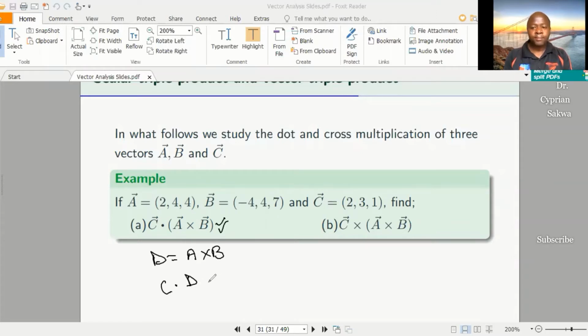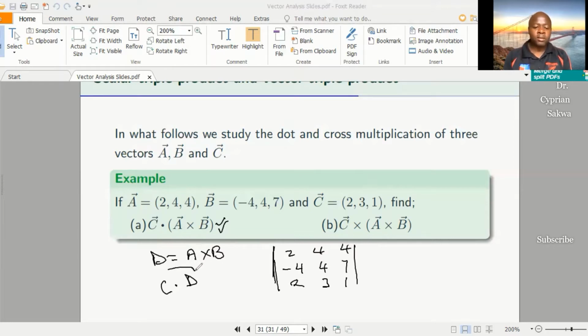That is one way. The other way is finding the determinant of these three vectors. That is, if I have 2, 4, 4, and negative 4, 4, 7, and 2, 3, 1, I can find the determinant of this matrix, and it will give me the same solution.